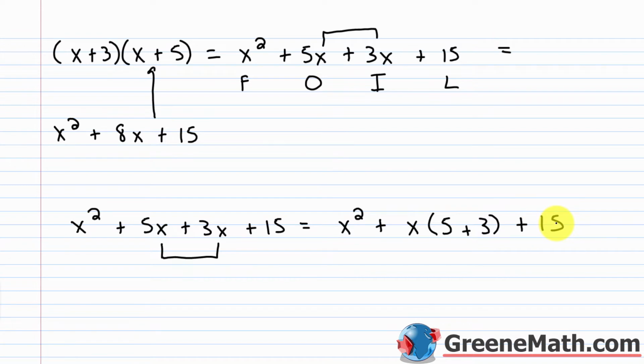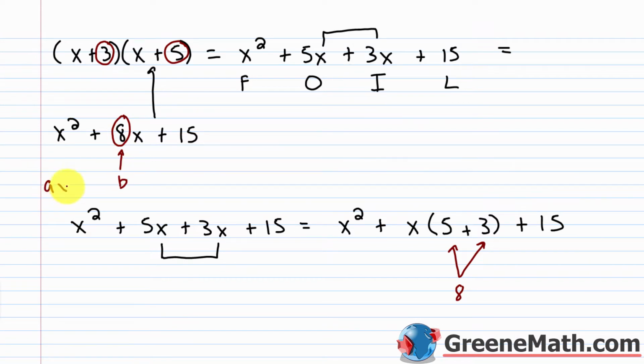The reason I'm doing that is to show you that these 2 integers inside the parentheses, the 3 and the 5, sum to give you the middle term in the trinomial. They sum to give you 8. Remember, this is the b.